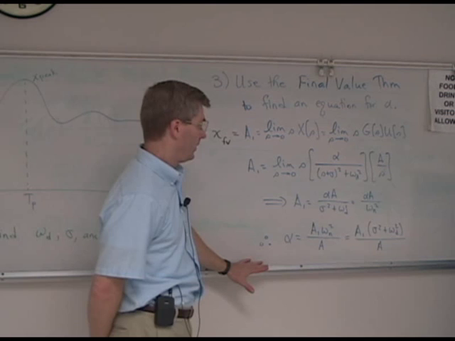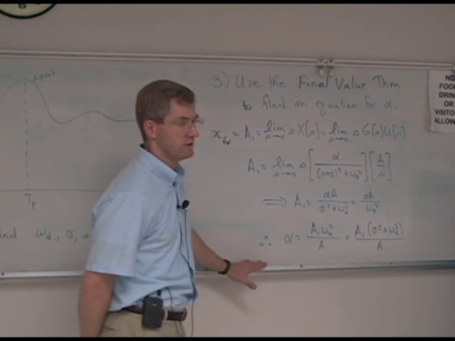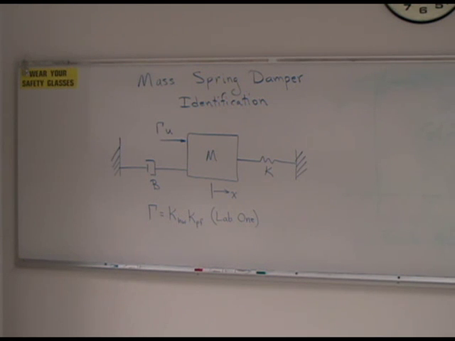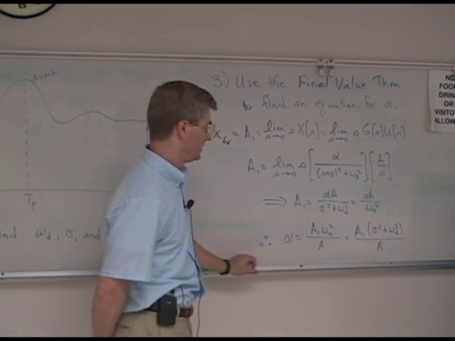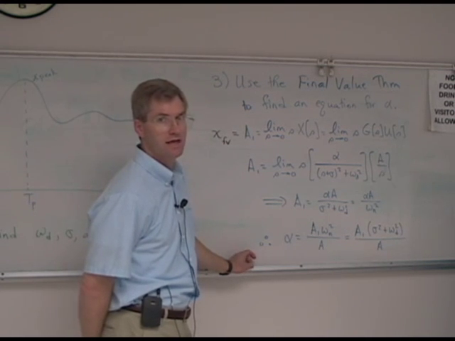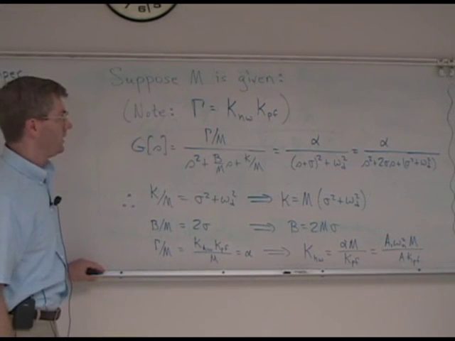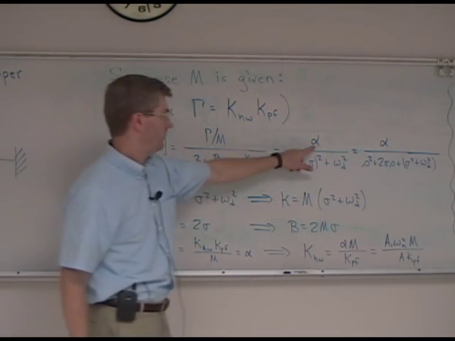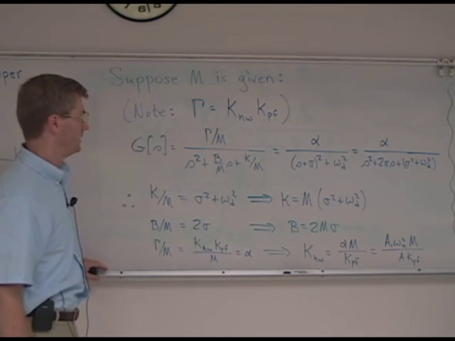We now want to go back to our original system model, which was in terms of the spring constant K, the damping factor B, and the hardware gain K sub hardware, and use alpha, sigma, and omega sub d to determine the spring constant, the damping constant, and our hardware gain. We have already derived alpha, sigma, and omega sub d in our transfer function from the measured data.